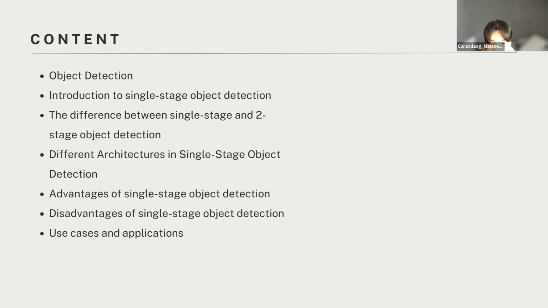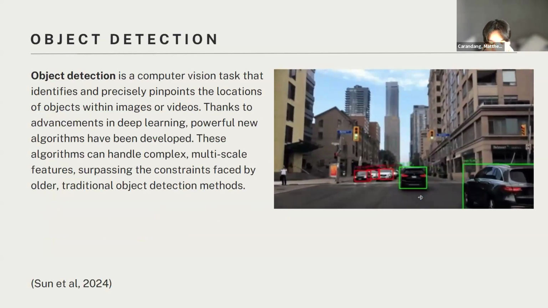Then we'll introduce the concept of single stage object detectors. And then we'll be contrasting them with two-stage object detection. From there, we'll be tackling different architectures in single-stage object detection. And then advantages, disadvantages, as well as its use cases and applications in real-time systems. So let's start from the beginning.